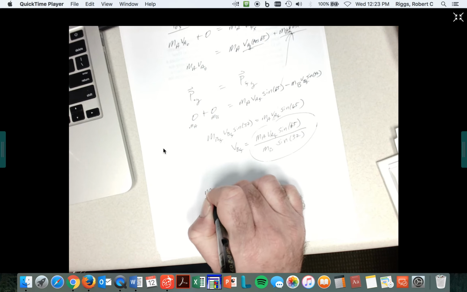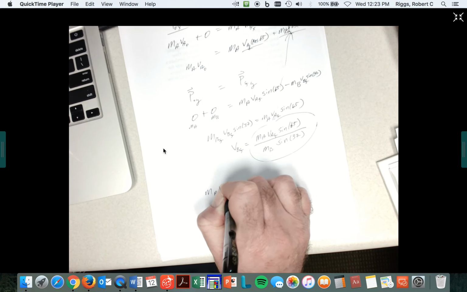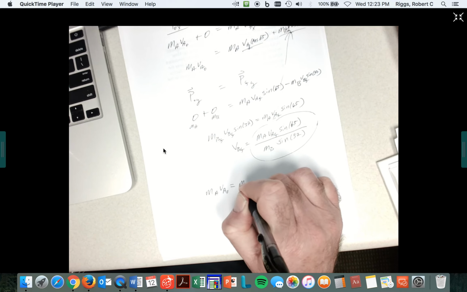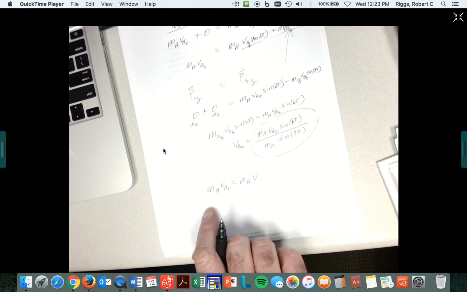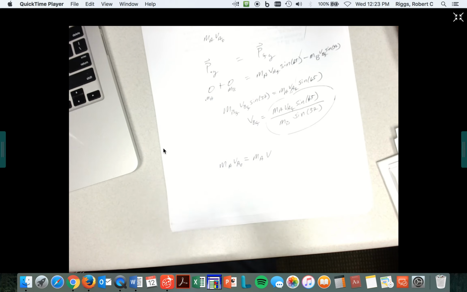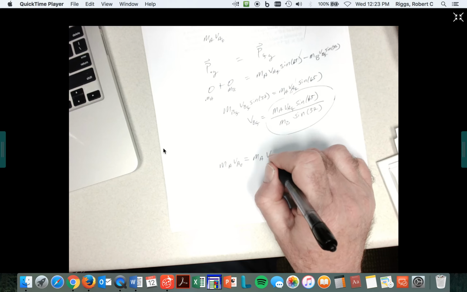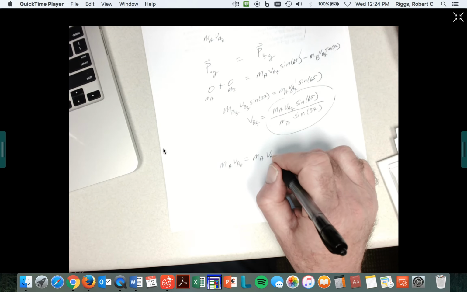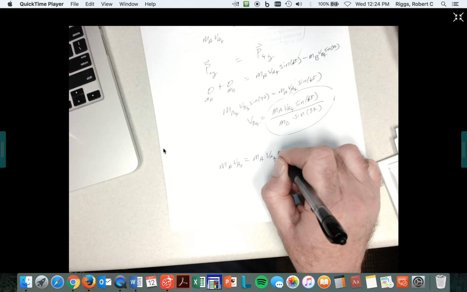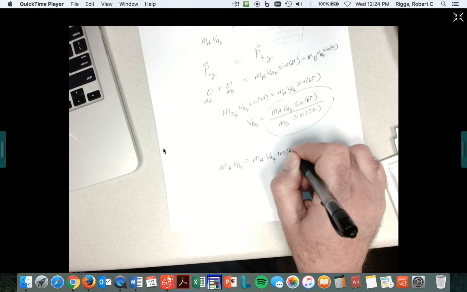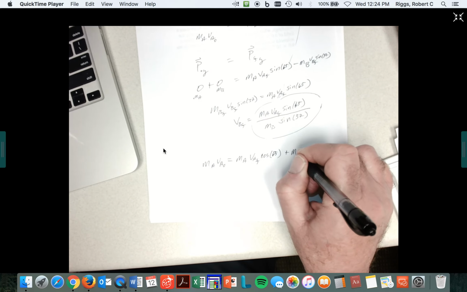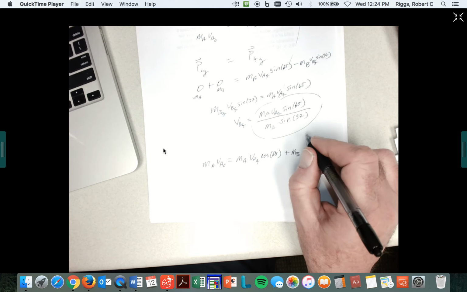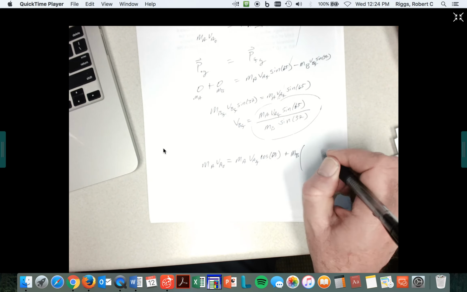I get MA VA naught is equal to, I like assigning this just so you see what this is, what physics majors have to work on, like right away. All of their homework kind of looks like this. VA final, it's just a discipline that you learn. Cosine of 65 times MB plus MB times VB final. I got to stick all this stuff in there.